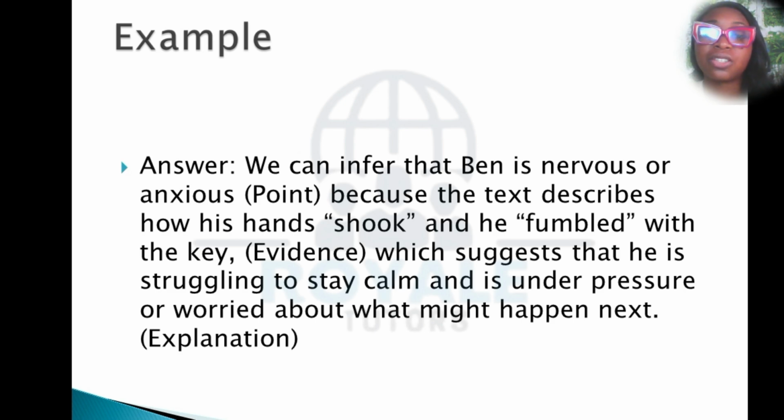That's the point, because the text describes how his hands shook and he fumbled with the key. Again, your evidence, the clue, which suggests, now we're about to explain, that he is struggling to stay calm and is under pressure or worried about what might happen next. This is a full answer and the best you can have for inference.